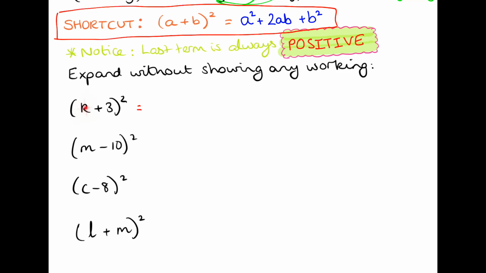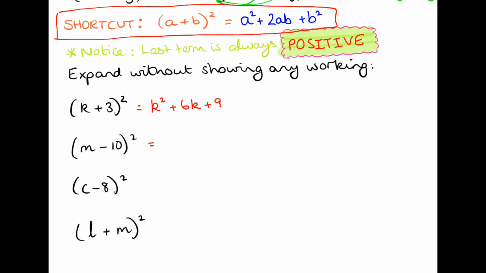The first thing we get is the first thing squared, so that'll give us k squared. Then we've got k times 3, two things multiplied together, look, a, b, multiplied together and doubled. So that gives us 3k when we multiply them, so we would have 6k when we double that. And then you've got this thing squared, so plus 9.